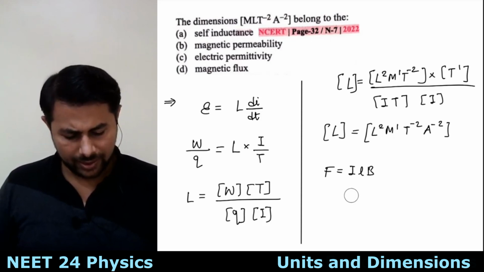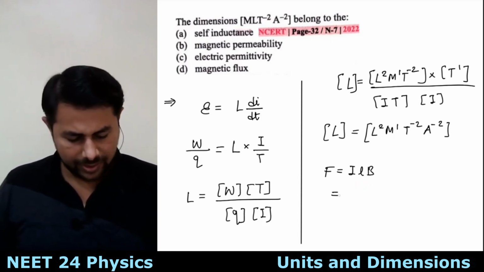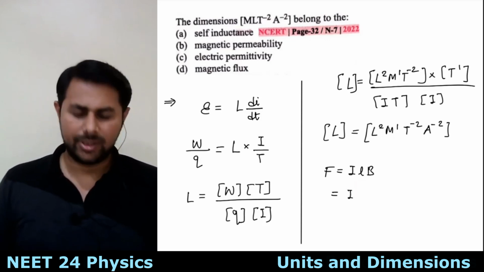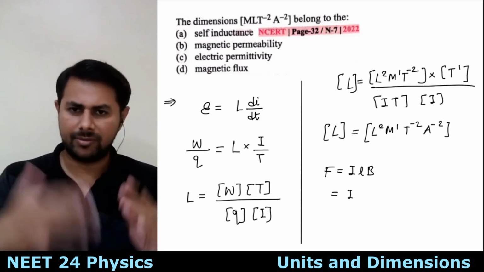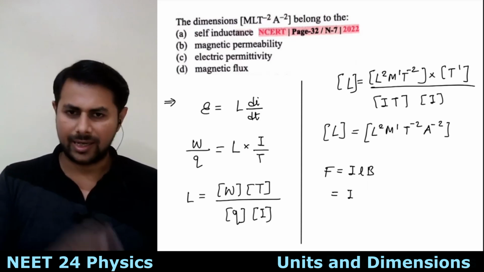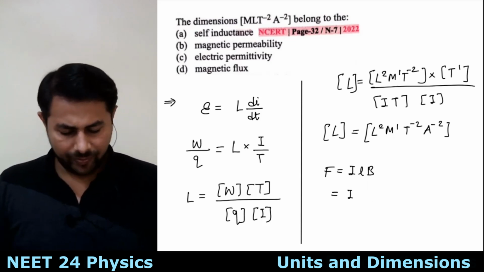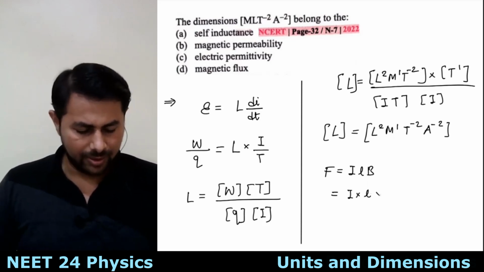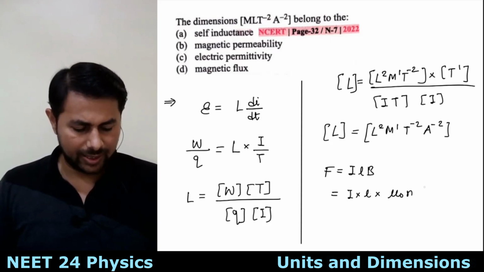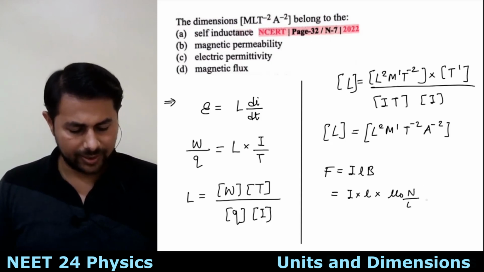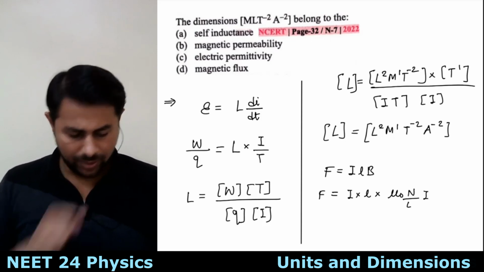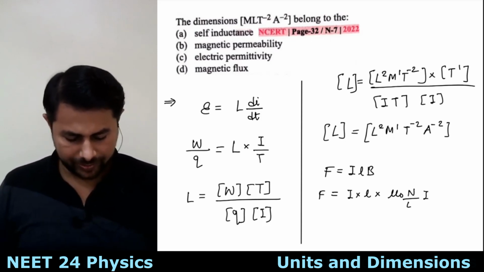Force is equal to ILB, and this is the force acting on a conductor placed in magnetic field B. I is the current, right? So then B I can say is mu naught N I, number of turns per unit length, and you have I. So from this one I can find out the formula for mu naught.